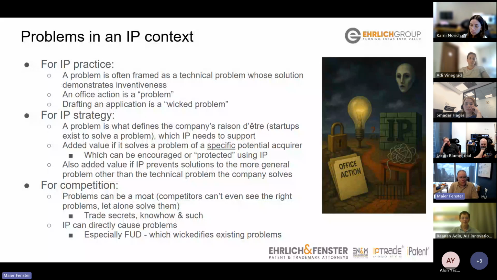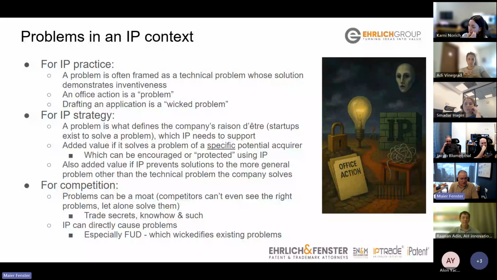When you think about IP strategy, first of all, a lot of companies exist in order to solve a problem. And the job of IP is to support that company, which might mean creating problems for other people, might mean solving problems.